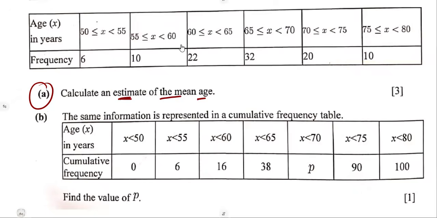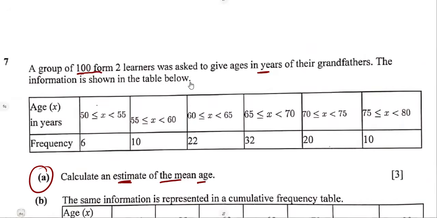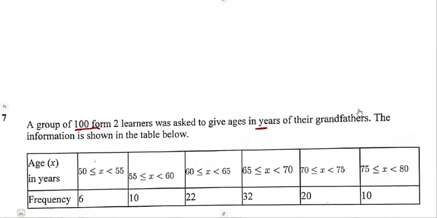Remember, we have the grouped and the ungrouped information. This type, where we are given classes like from 50 to 55, 55 to 60, is grouped data. So the information that we have is grouped.